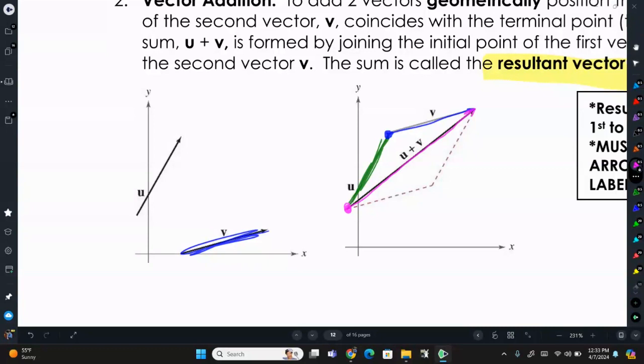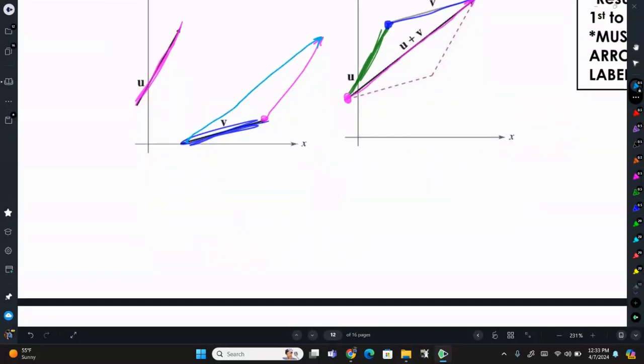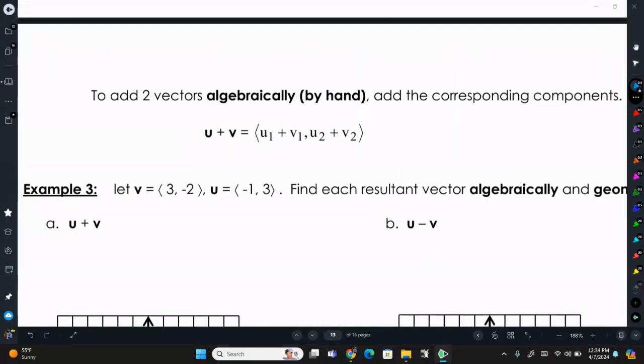And you can see if we did the addition in a different order, I'd be taking this vector and starting there, and then my resultant would be, and this is probably not exactly where it would be, but you get the idea that the order that we add the vectors makes a difference. So that makes graphing a little bit difficult. You just got to pay attention to the order. To add vectors algebraically, it is much easier.